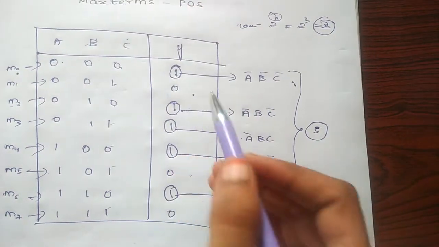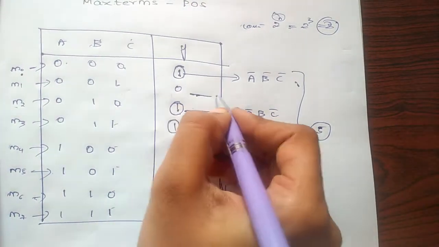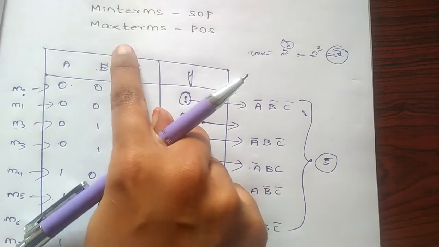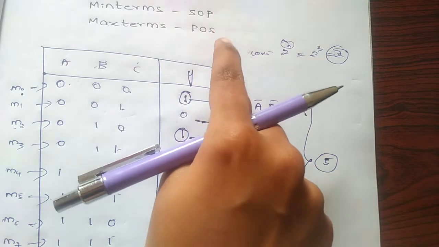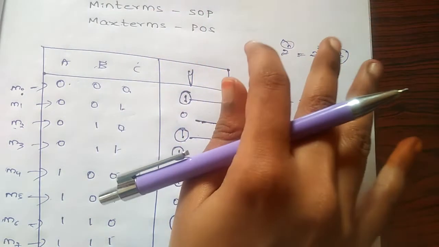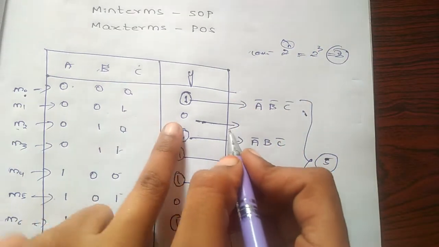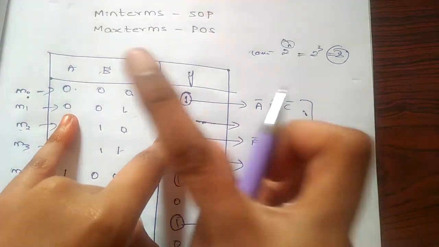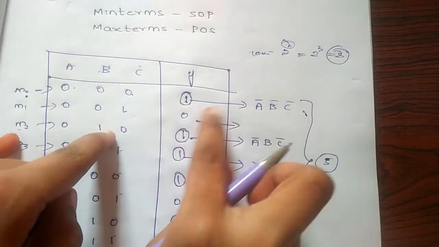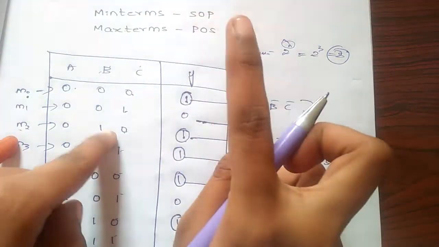So 0 here. How to represent? As it is, max terms means product of sum. First we have to sum each term, and then totally we have to take the product. So see, now here the same. Here we have 0. For 1, we have to put the complement bar.